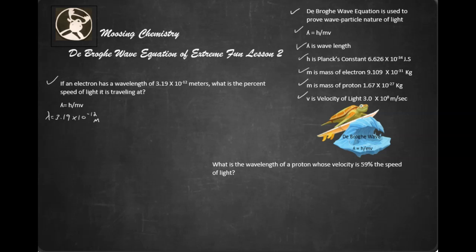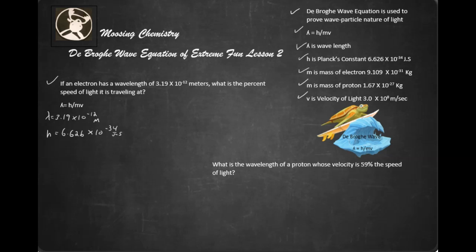We know that Planck's constant is, of course, 6.626 times 10 to the negative 34 joules per second.